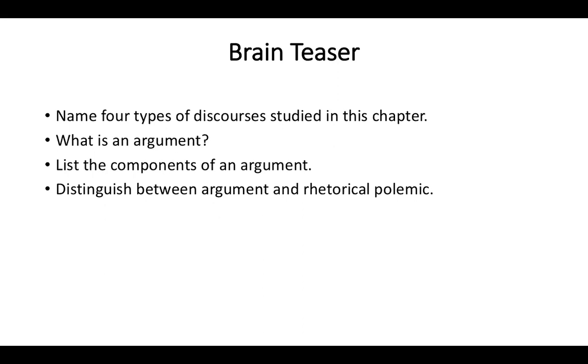List the components of an argument. I just partially answered it when I was defining argument. The components of an argument are, first of all, a claim, and secondly, expressions that aim to support the claim.